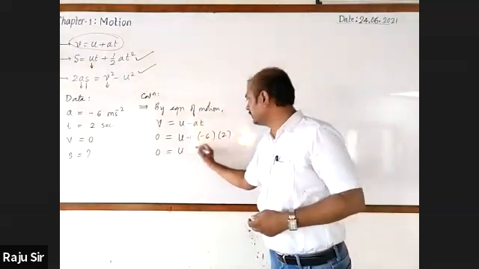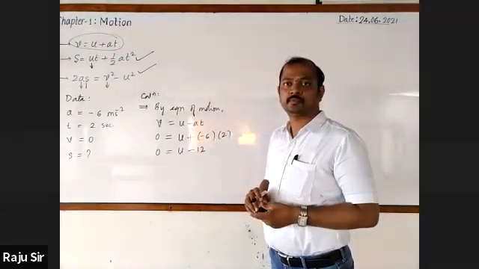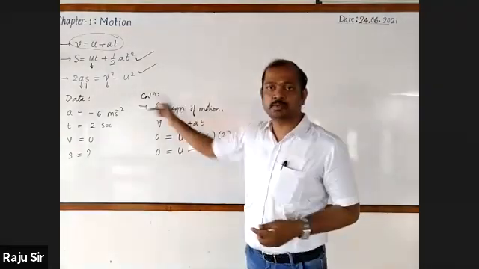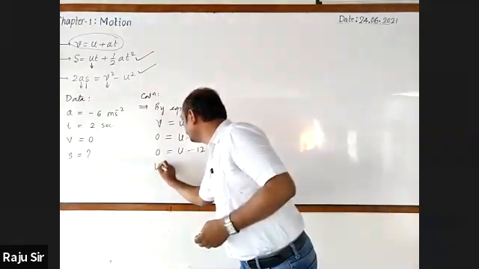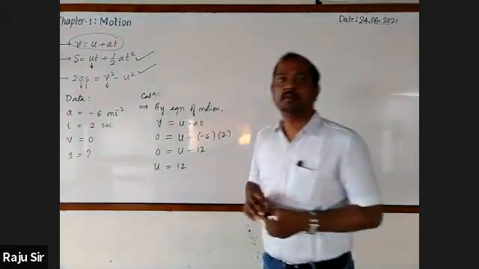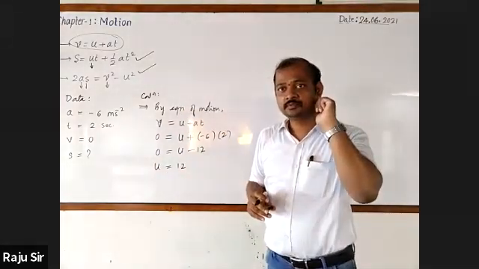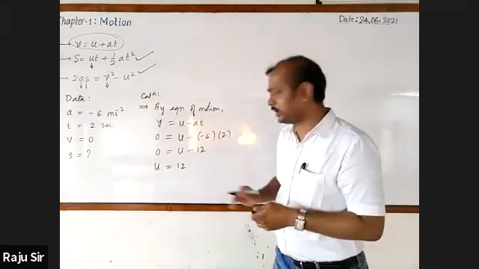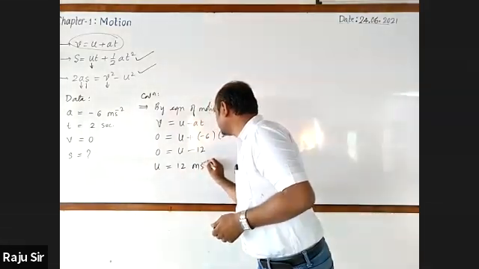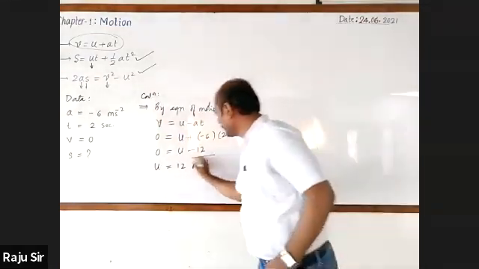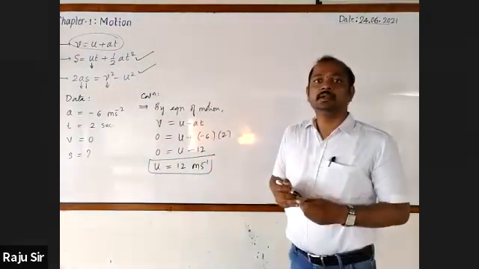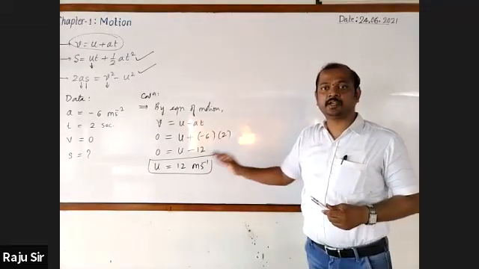Minus sign is there. So minus 12. Then transfer minus 12 to the left hand side. It becomes plus 12. Then it can be written u is equal to 12. But what is the unit? Yes, very good. It is meter per second. They have given in meter and seconds only. It is the initial velocity of the car.